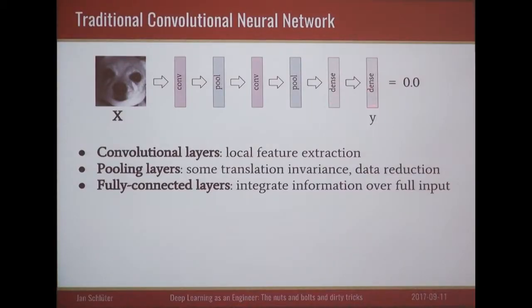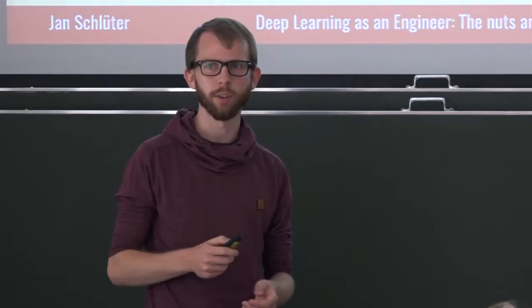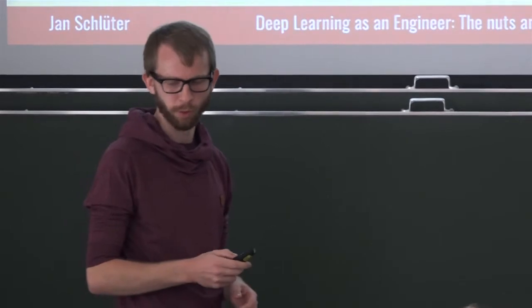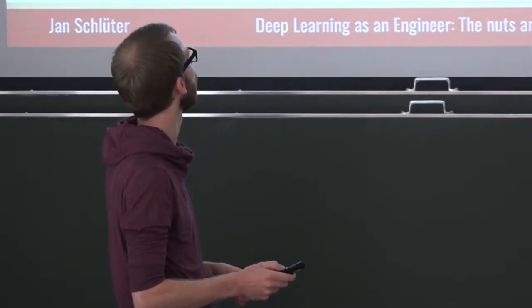And finally, if you want a single prediction for the input image, like telling whether this is a muffin, you will put some dense layers that integrate the information over all the input positions. So that's what a traditional convnet looks like.